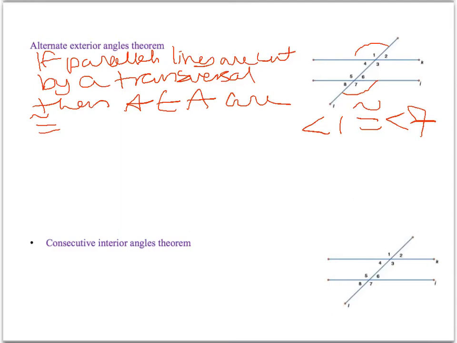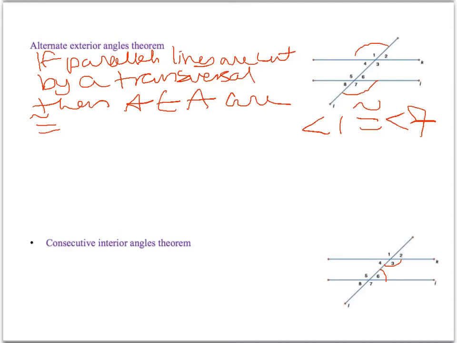Now the consecutive interior angles theorem is different. Remember, the consecutive interior angles are two angles inside the lines that are on the same side of the transversal. So, for example, angle 3 and angle 6.